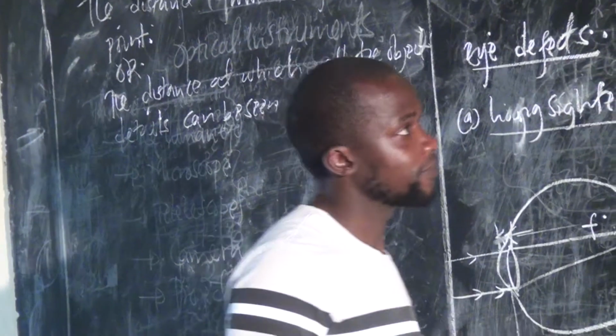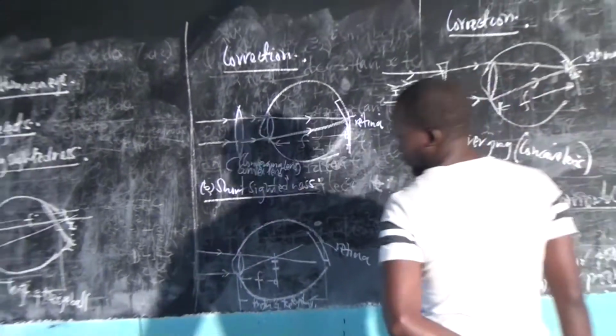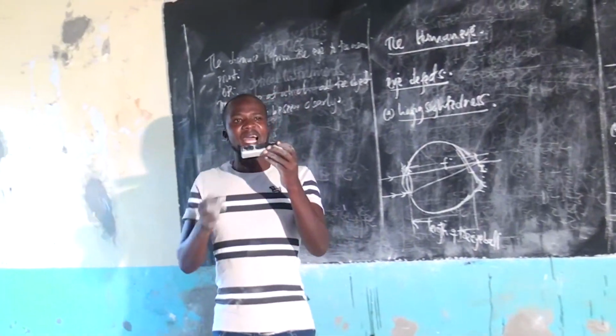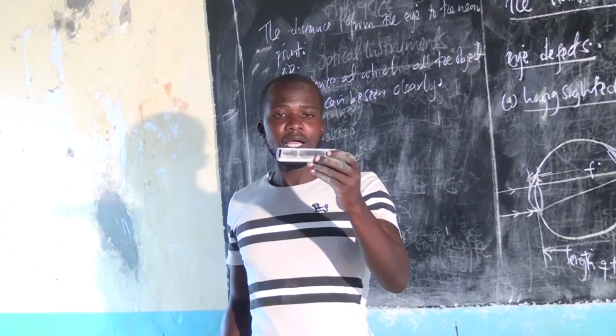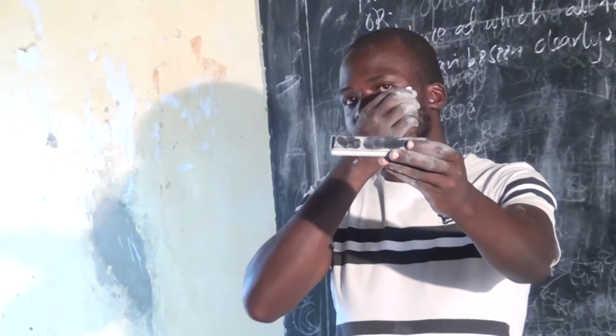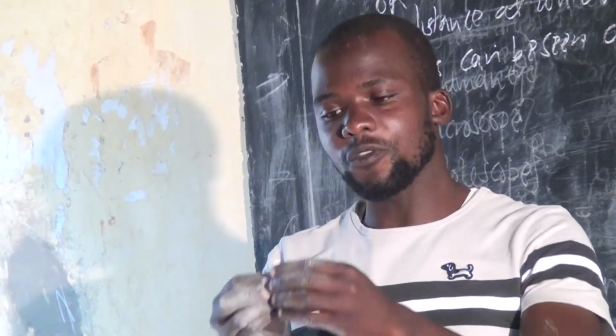So, that one pushes us to what we call the visual angle. Every object you want to see has an angle it subtends to you. I want to see this duster. This duster gives me a particular angle at which I can see it. I want to see this piece of chalk.